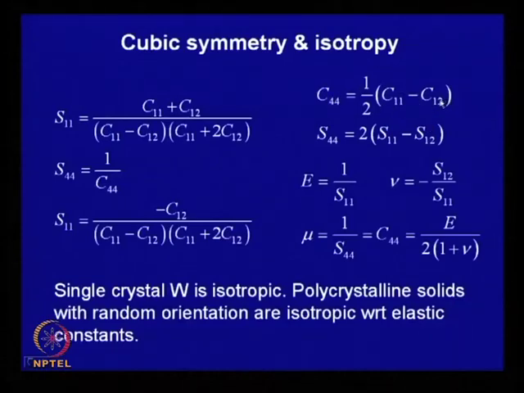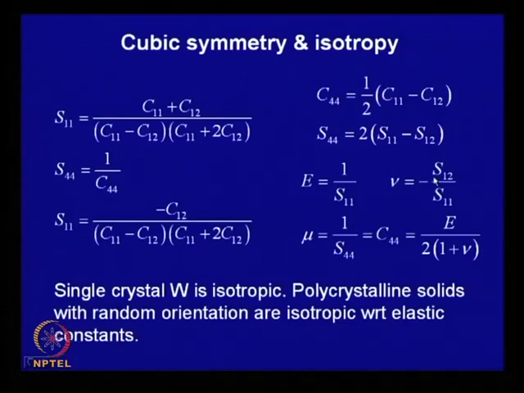Similarly, a similar relationship exists between the stiffness coefficients, and we are more familiar with Young's modulus, and how this Young's modulus is related to these compliances with respect to a single crystal: E is 1 over S11.